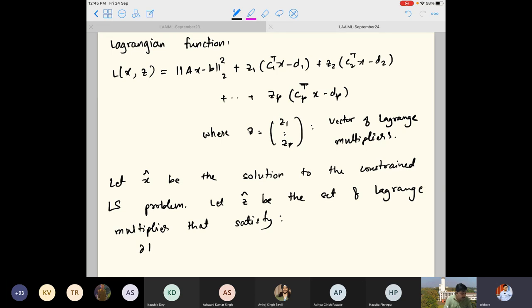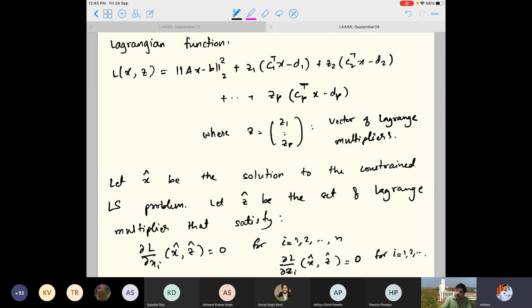So del L by del xi at x hat, z hat is equal to 0 for i is equal to 1, 2 up to n, where L is the cost function. So you'll take the derivative of this with respect to each component. And the other condition that you'll have is that del L by del zi at x hat, z hat will also be equal to 0 for i is equal to 1, 2 up to p, right?